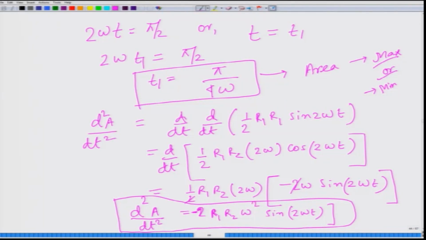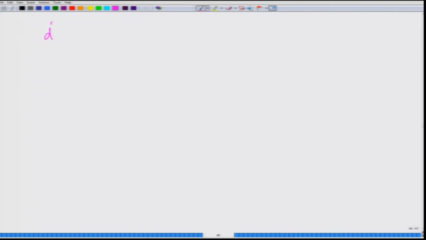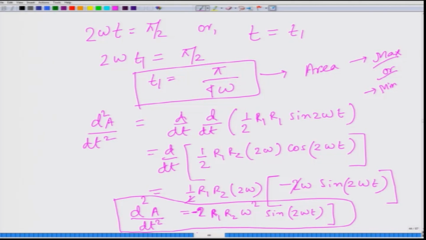So d2A/dt square is minus 2 r1 r2 omega square sine of 2 omega t. We have obtained that at time t1 equal to pi by 4 omega, the area is either maximum or minimum.